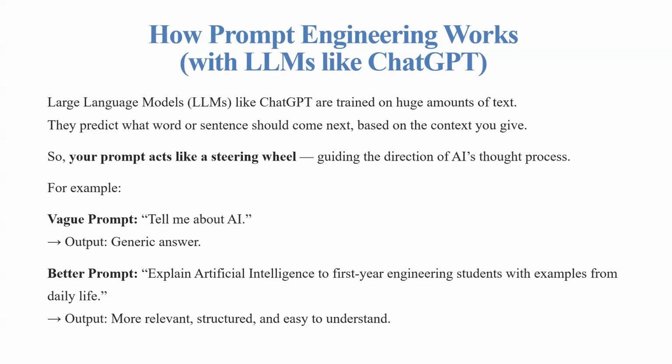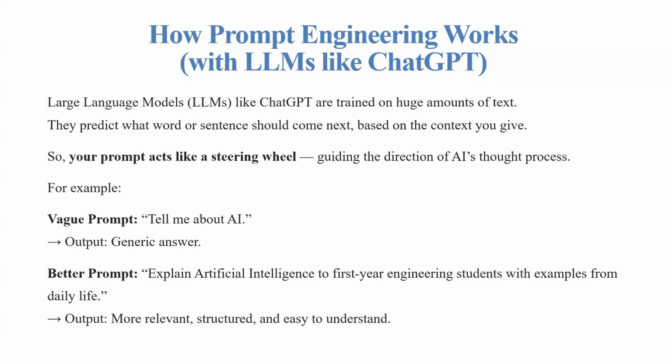Understand with a simple example. Imagine I start a sentence: "The sun rises in the..." Can you guess the next word? Most of you would immediately say "east." Why? Because you have seen and heard this sentence many times before. Similarly, AI predicts the most likely next word based on the patterns it learned during training.